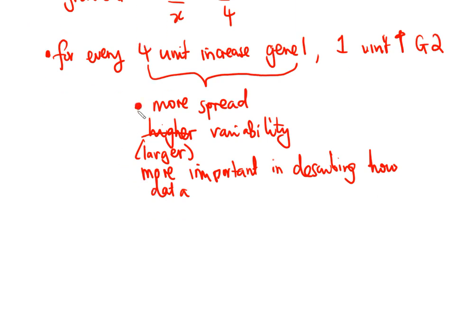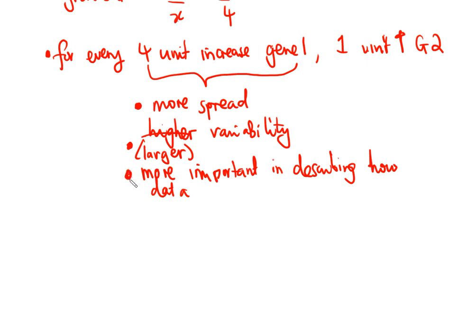According to the PC1 line, data is more spread, and it's very important. According to PC1, data is more spread along the gene 1 axis compared to the gene 2 axis. The data has larger variability according to PC1 along the gene 1 axis.